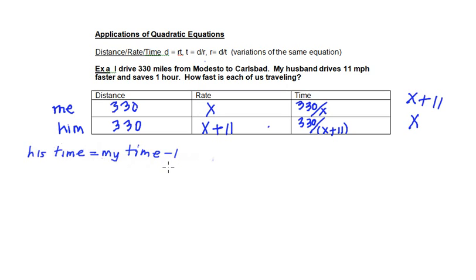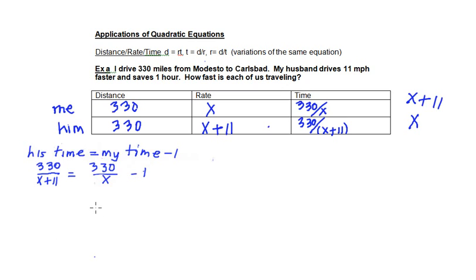Now I can use the times that I calculated in this column in this equation. His time is 330 divided by x plus 11, which is equal to my time, 330 divided by x, minus 1.